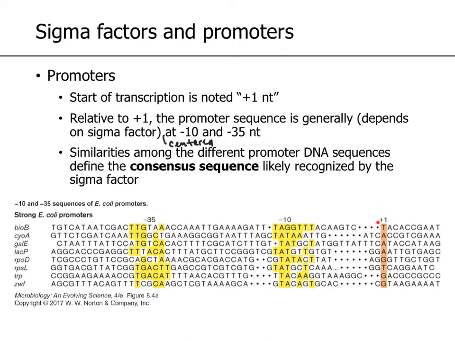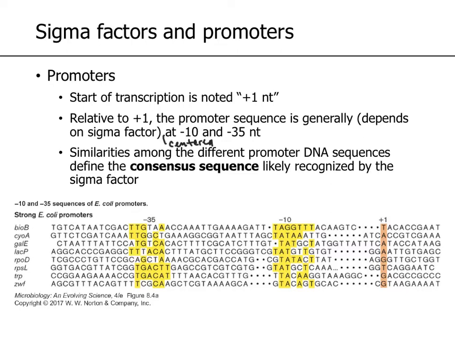So if this is the +1, these are a bunch of different promoter sequences that are aligned. And this is the +1 site, and then you go to the -10 and then the -35 region. These are the regions that the sigma factor is really recognizing.